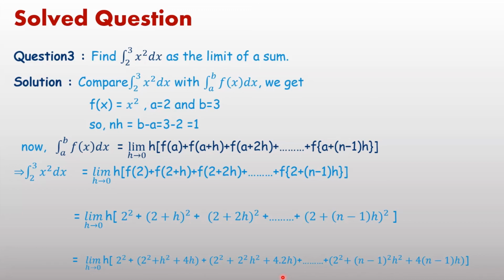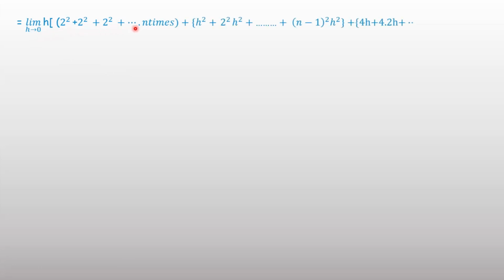And the next step we can write as limit h tends to 0 of h times [2 square plus 2 square plus 2 square, how many times? n times, plus the second term h square plus 2 square h square up to (n minus 1) square h square.